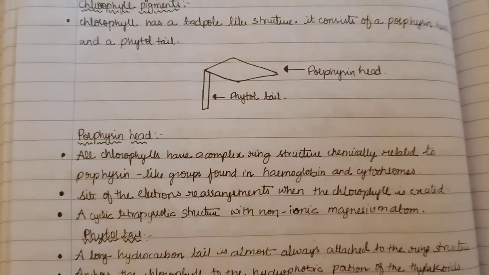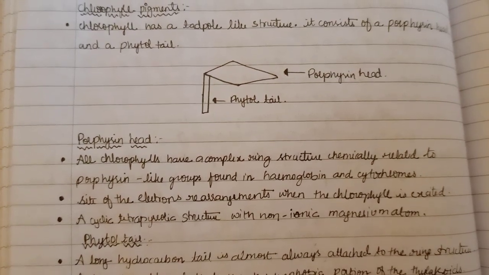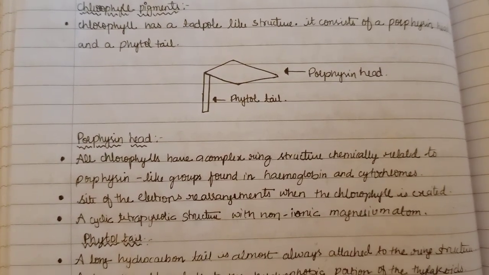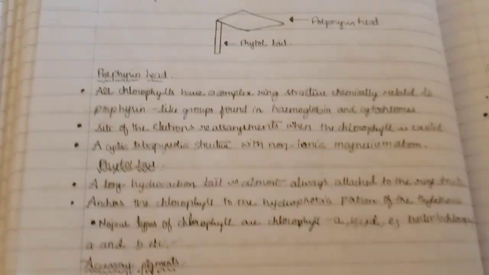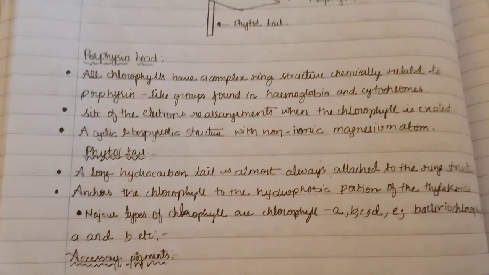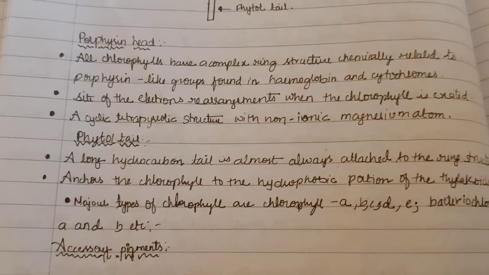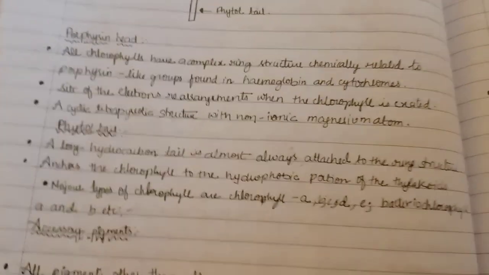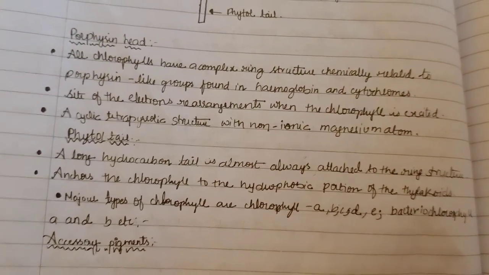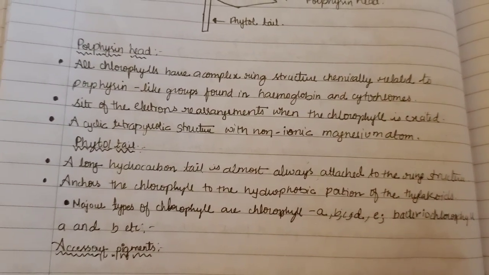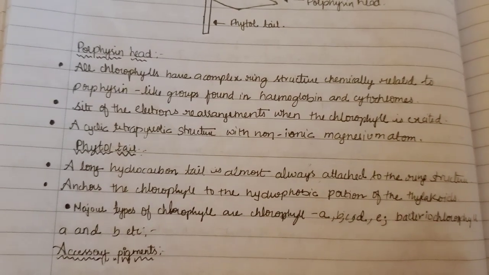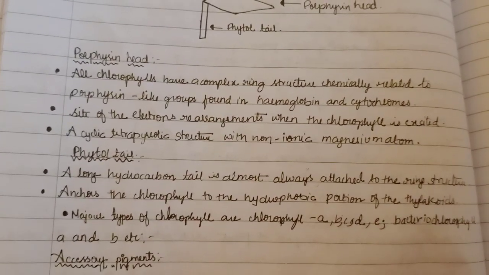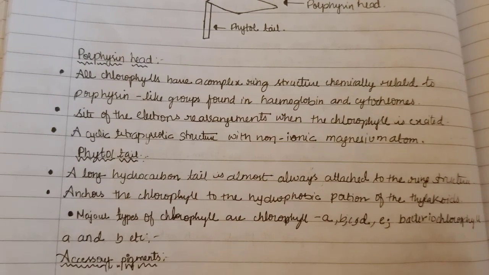A cyclic tetrapyrrole structure with a non-ionic magnesium atom. Now, phytol tail: a long hydrocarbon tail is almost always attached to the ring structure. It anchors the chlorophyll to the hydrophobic phase of the thylakoids. Major types of chlorophyll are chlorophyll a, b, c, d, and e.